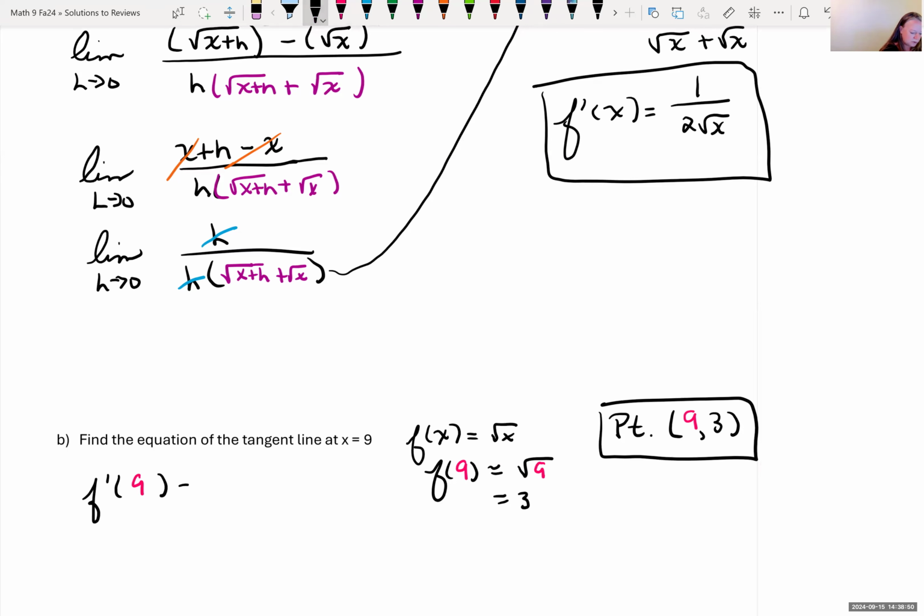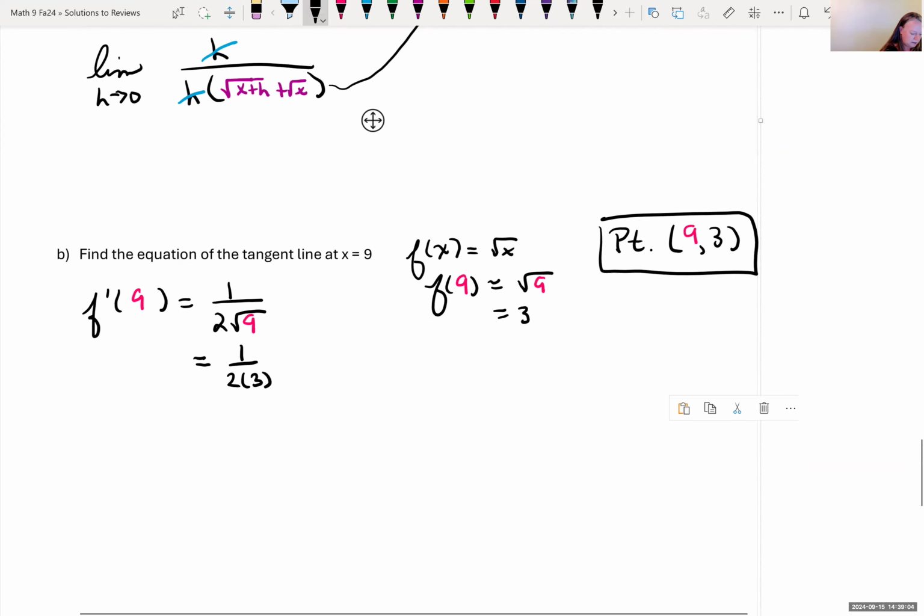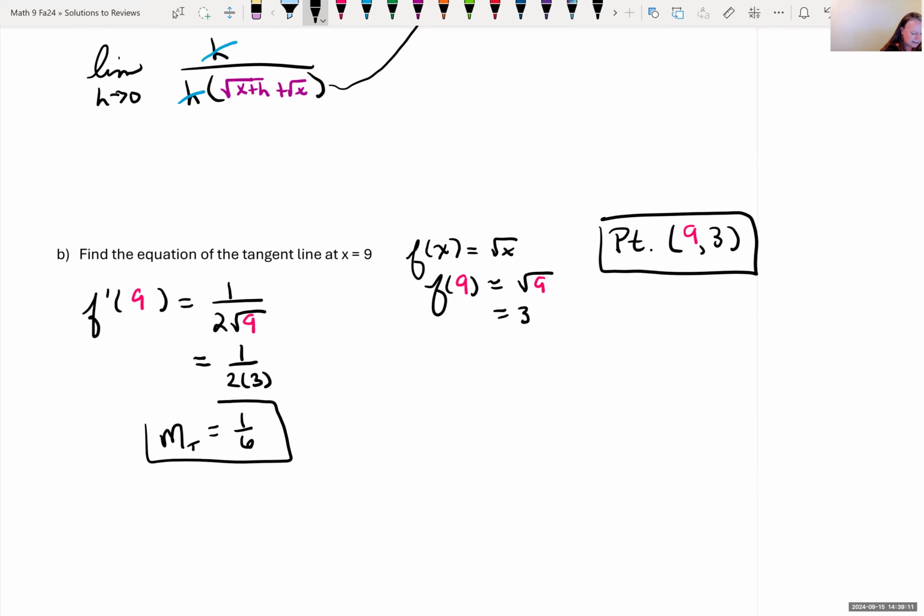So this is equal to 1 over 2 square roots of 9, which is equal to 1 over 2 times 3, which is equal to 1/6. So my slope of my tangent line is 1/6, and my point on that tangent line is (9, 3).